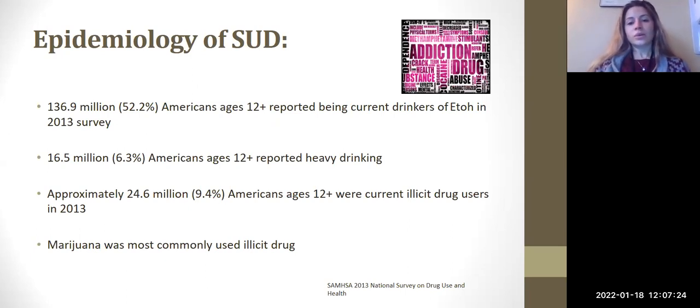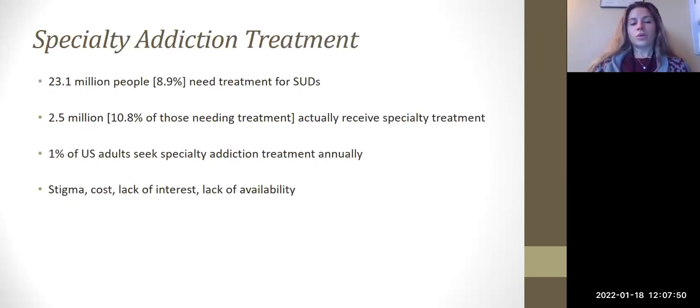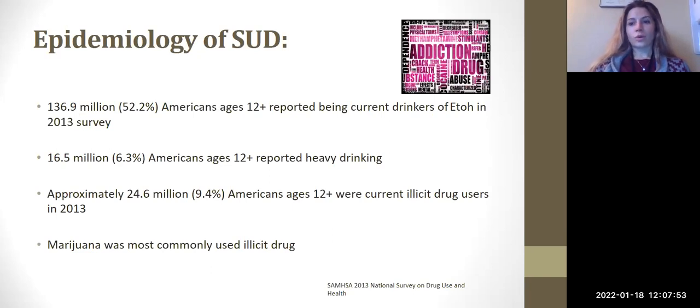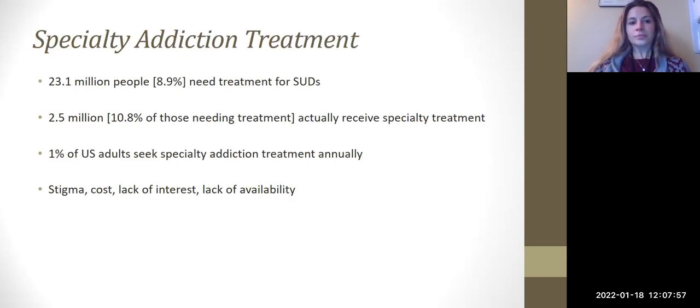There's a large portion of the U.S. population, about 136.9 million, the last time this was surveyed, that report drinking alcohol. 16.5 million report heavy drinking, and 24.6 million report current illicit drug use, marijuana being the most commonly used illicit drug. So that's a fair percentage of people that could hit any kind of healthcare setting.